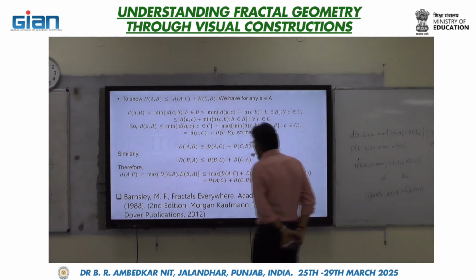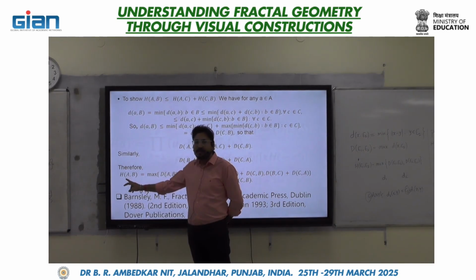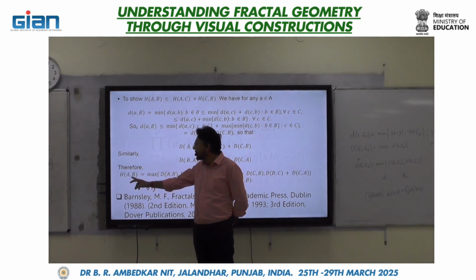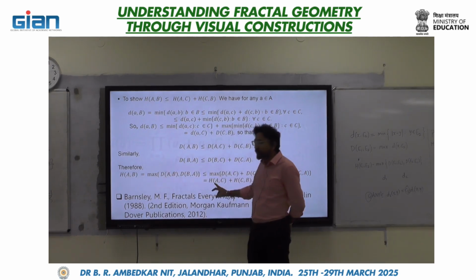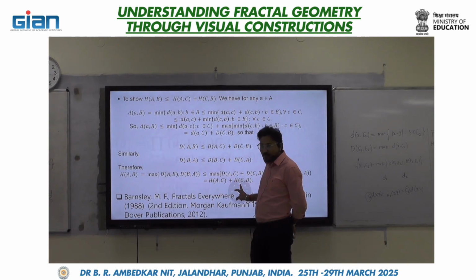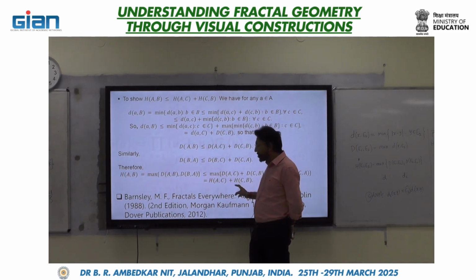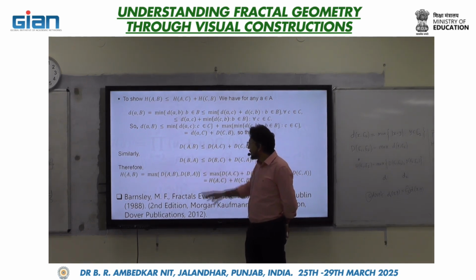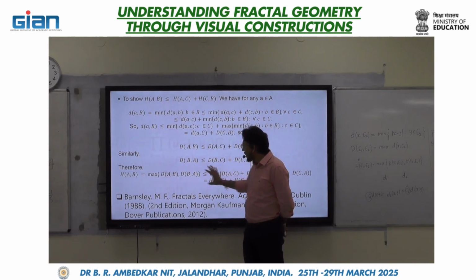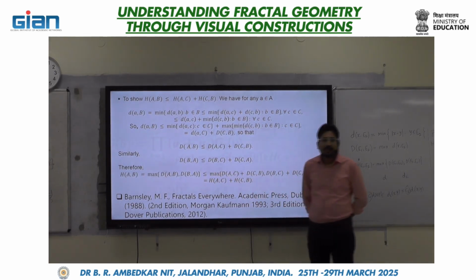You have to prove h(A, B) is less than or equal to h(A, C) plus h(C, B). You have to prove this triangle inequality. h(A, C) is nothing but the maximum of d(A, C) and d(C, A), and h(C, B) is the maximum of d(C, B) and d(B, C). So it is written here. Then from these steps, how am I coming here? Please answer. Anyone?